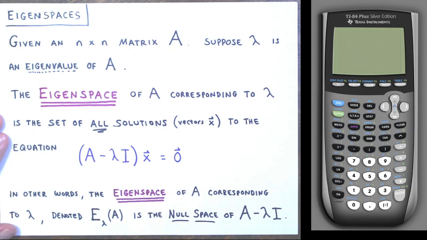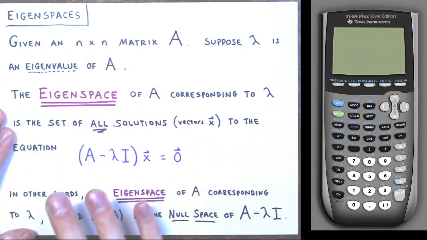Now in some texts, I've seen the eigenspace corresponding to a particular eigenvalue being just the eigenvectors and not the zero vector. But then they mention that if you take this set of eigenvectors and throw the zero vector in there, you get a vector space, a subspace of Rn if it's an n by n matrix.